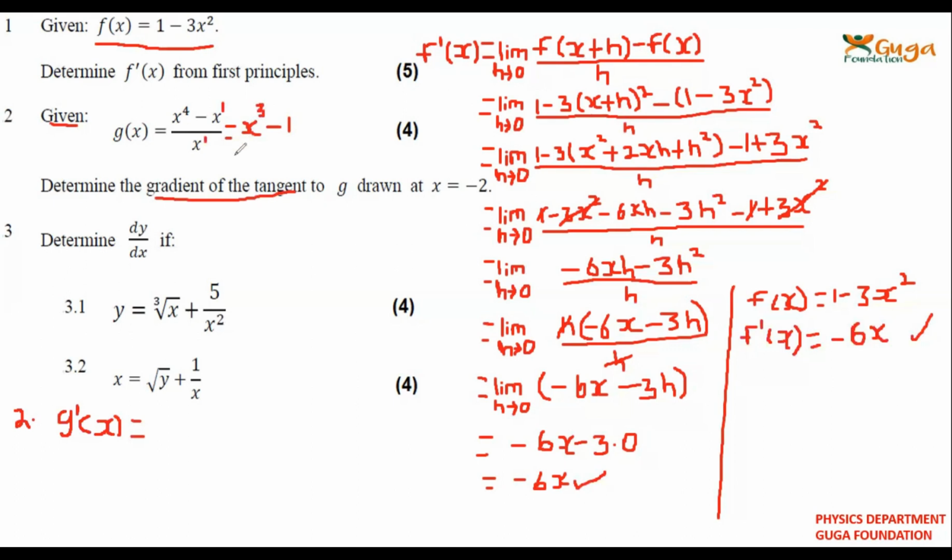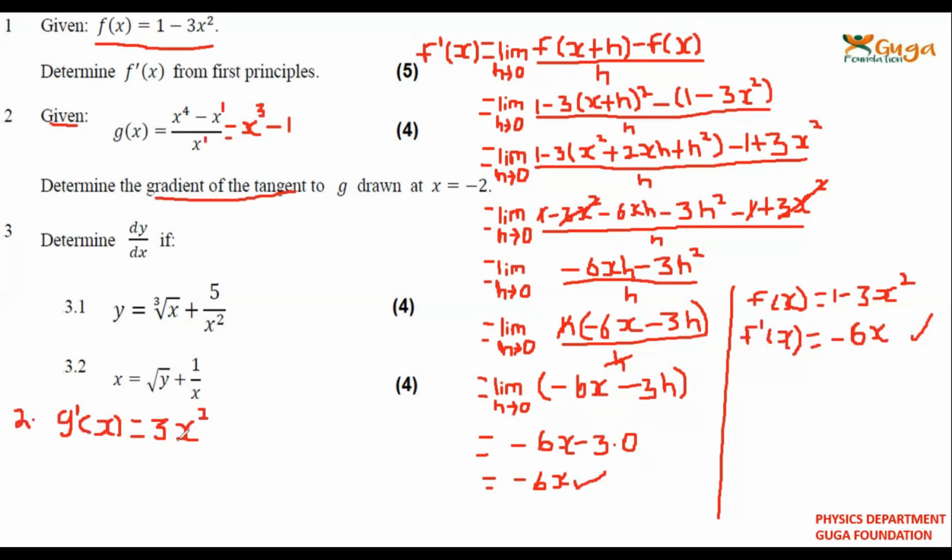It will be power down, it will be 3, 3x, and power up, 3 minus 1, it will be 2, and the minus 1, derivative of a constant is 0.